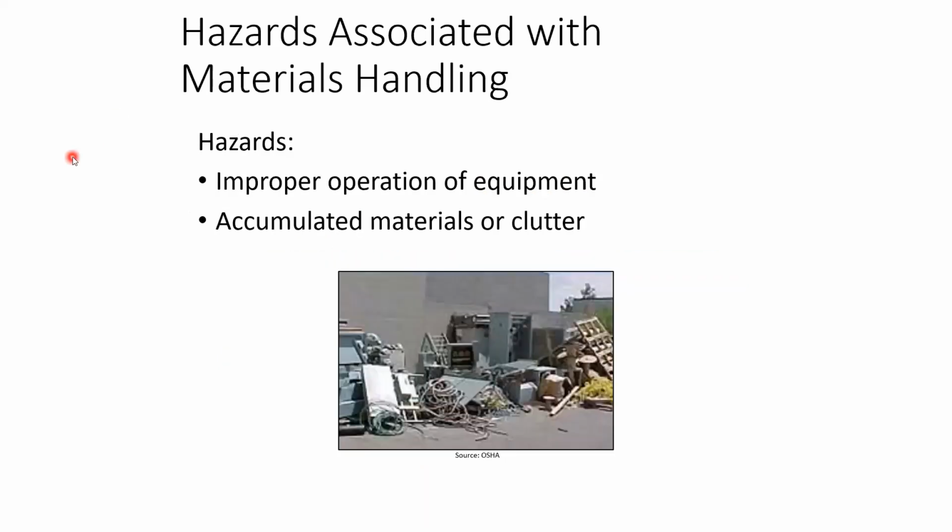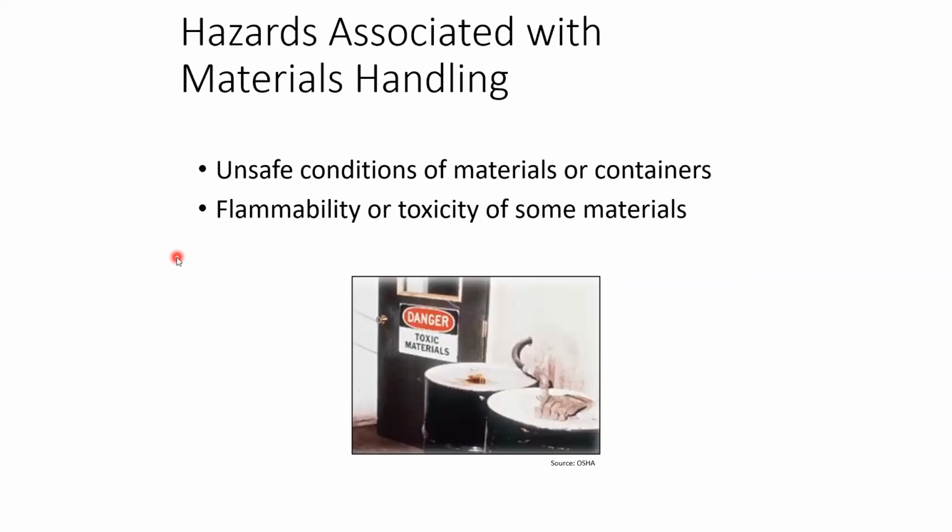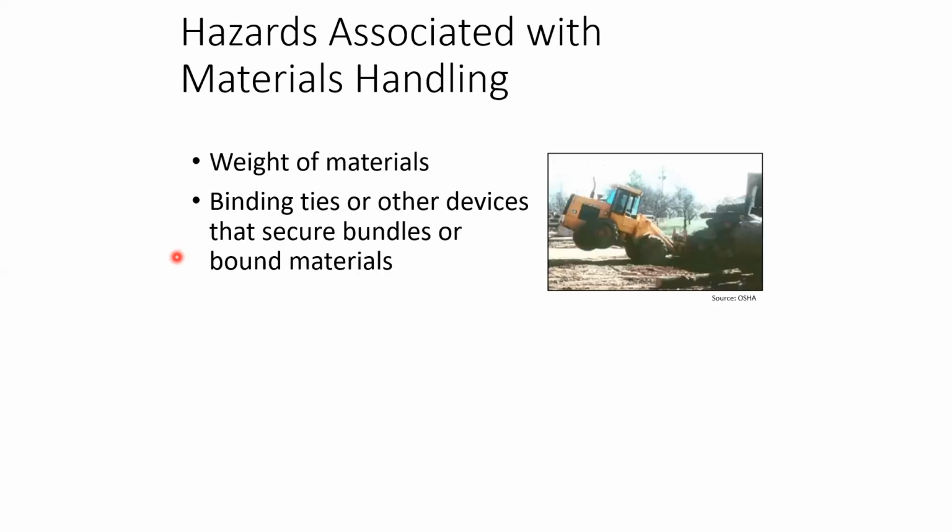The hazards are improper operation of equipment, or accumulated material or clutter. Unsafe conditions of materials or containers, flammability or toxicity of some materials, weight of materials, bending ties or other devices that secure bundles or bound materials.